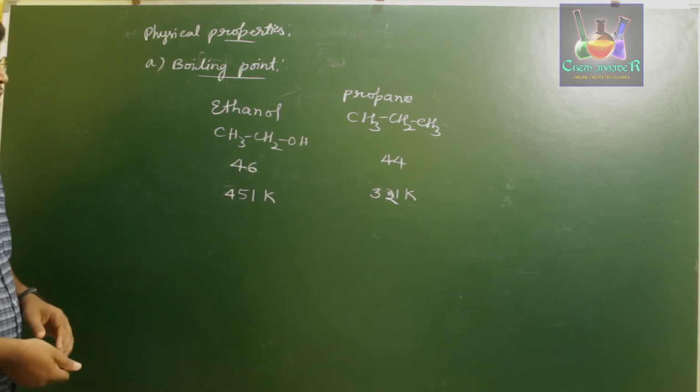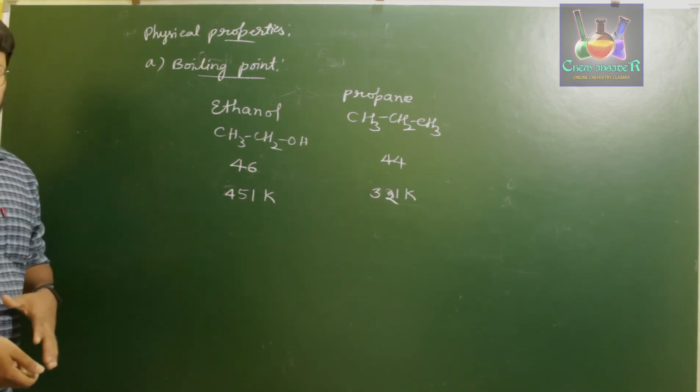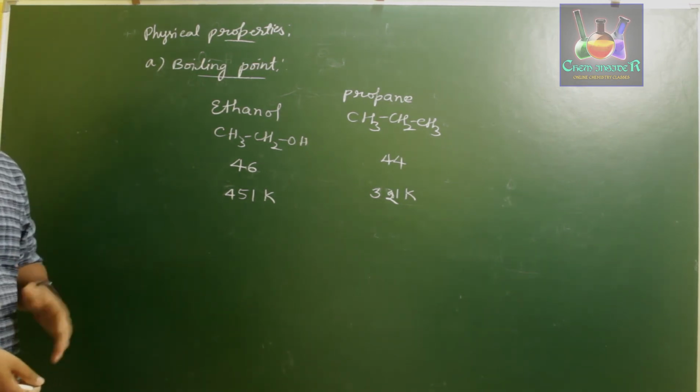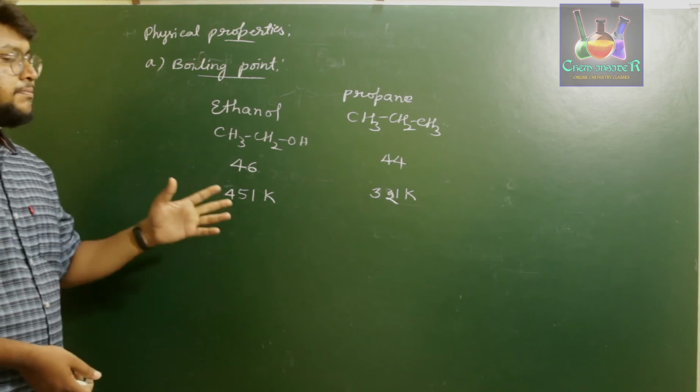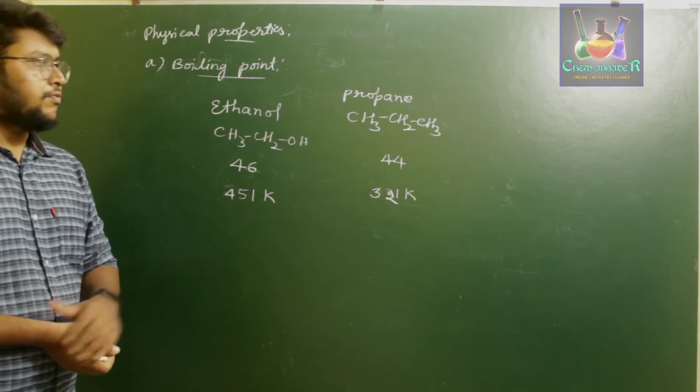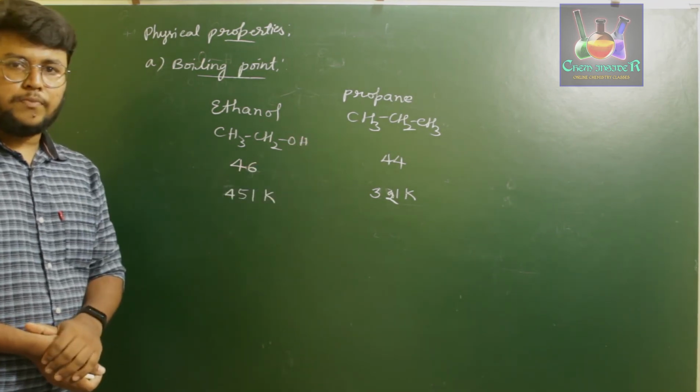So clearly what we can say is the hydrogen bonding involved in ethanol results in variation in the boiling point or melting point of a given hydrocarbon, in case of ethanol and propane. Okay.